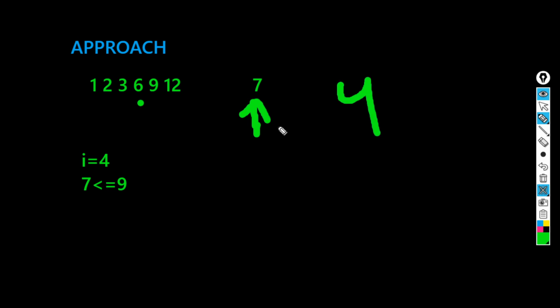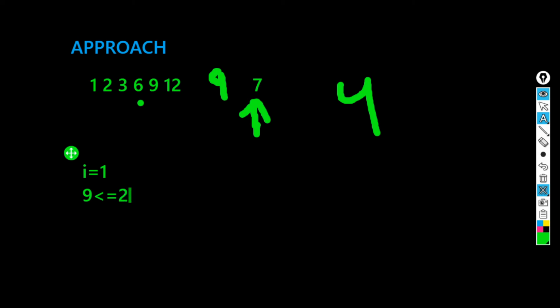Now suppose our target value is 9. So we will loop this again. At the start i equals 0, then we check if target, which is 9, is less than or equal to the value at i, which is 0. Now I will increment it by 1.